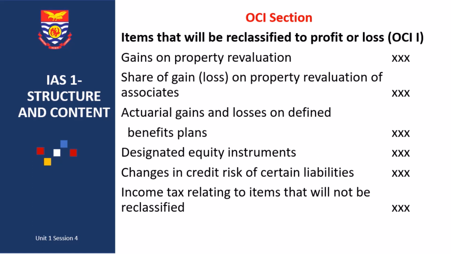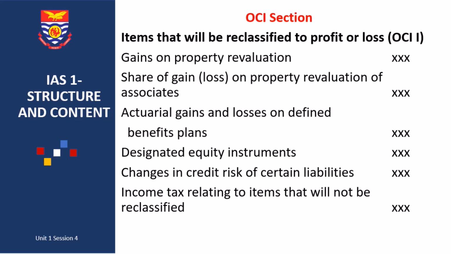Then we have the share of gains or losses on property revaluation of associates. They can also be reclassified to profit or loss. Then we have actuarial gains and losses on defined benefit plans. The standard that talks about this is IAS 19. So if there is any gain or loss with regards to a defined benefit plan, it is also reclassified to profit or loss.